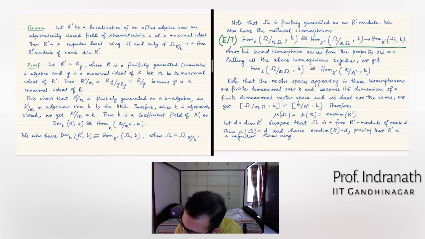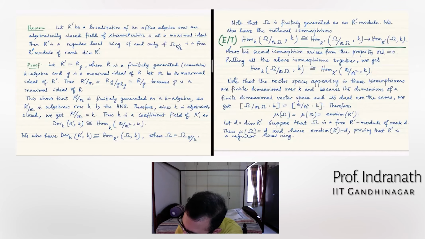Now putting all the isomorphisms together, we get this. This is isomorphic to your, you remember this was there already. This you have proved recently, and therefore you have Hom_K of Omega mod M Omega over K is isomorphic to this.